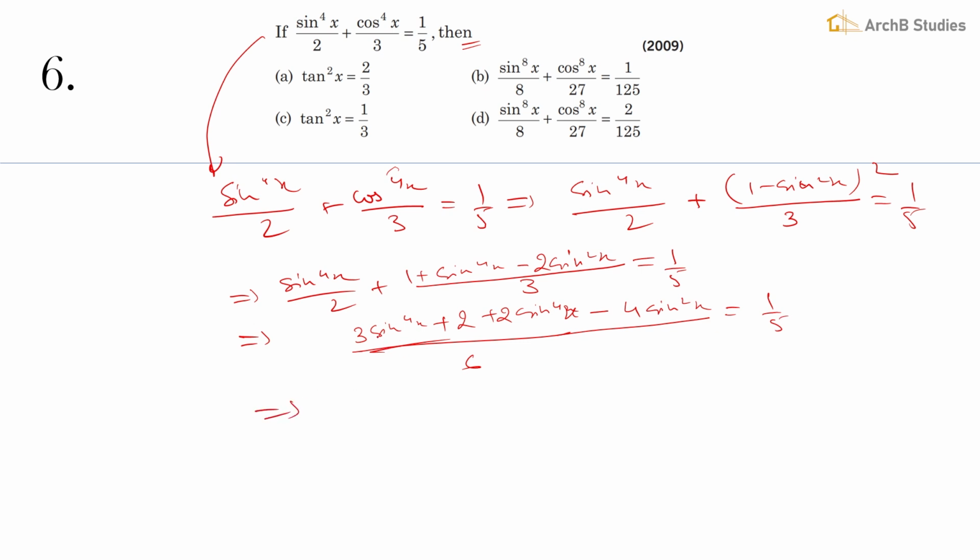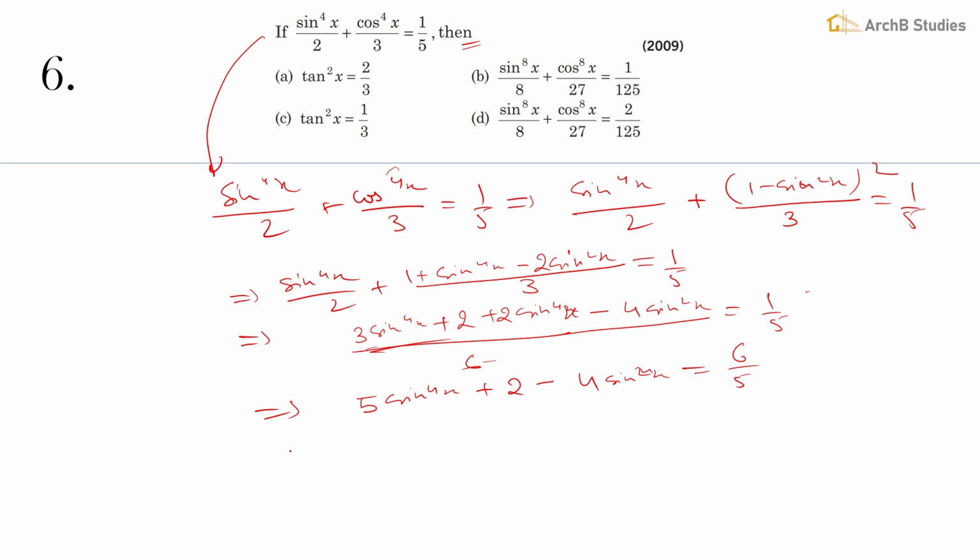This is equal to 3 sin^4 x plus 2 sin^4 x will be 5 sin^4 x, plus 2 minus 4 sin^2 x, which will be equal to, if you send this side, 6 upon 5.